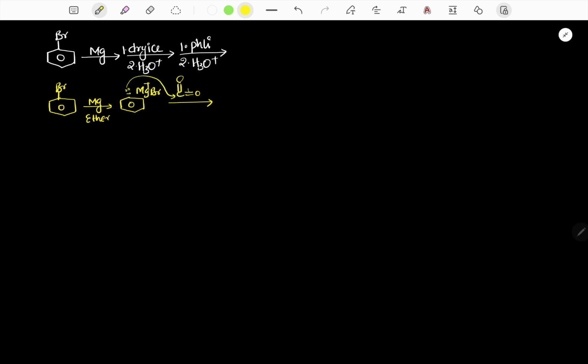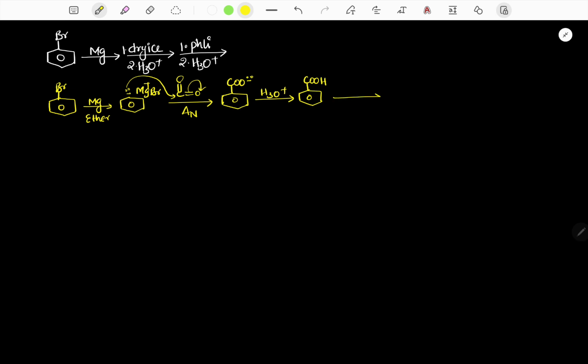So here nucleophilic addition takes place and it gives the corresponding benzene carboxylate. Now we are adding H3O plus. By addition of H3O plus, it will be neutralized and converted into the corresponding carboxylic acid.